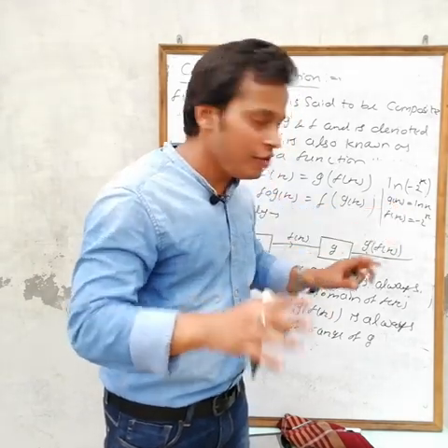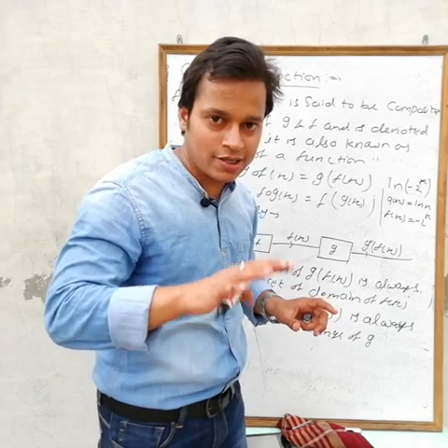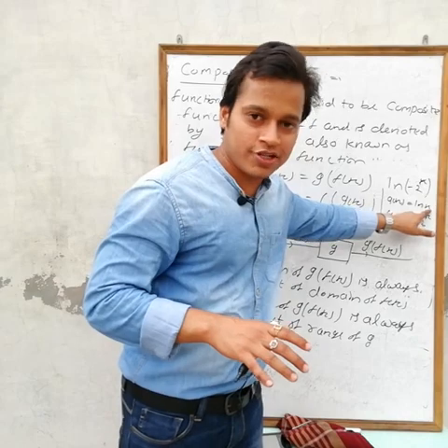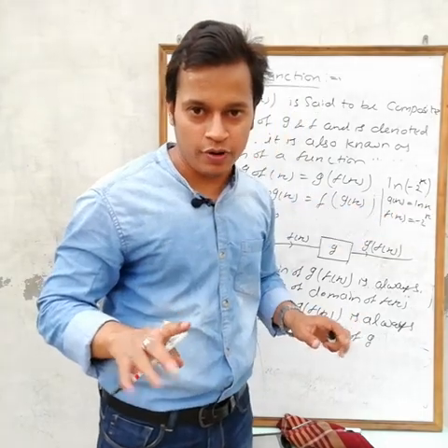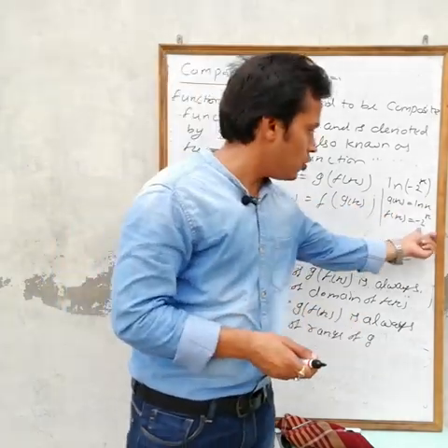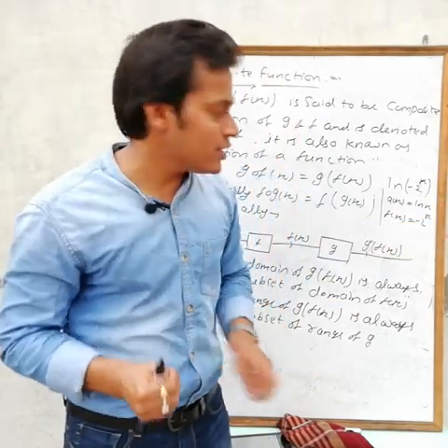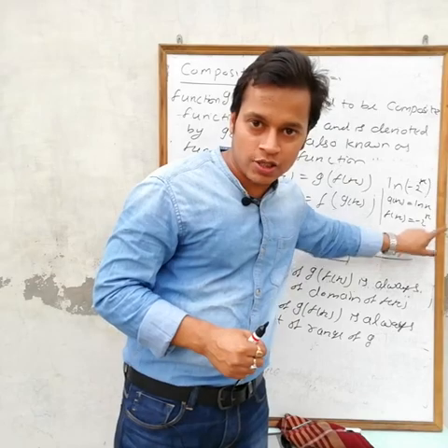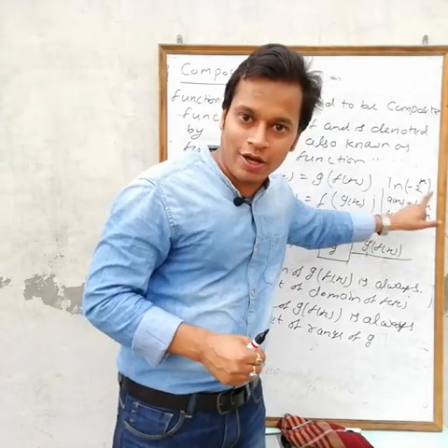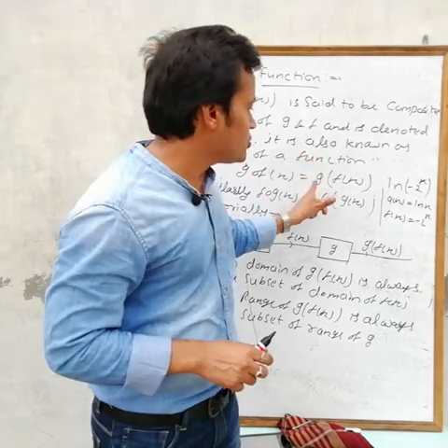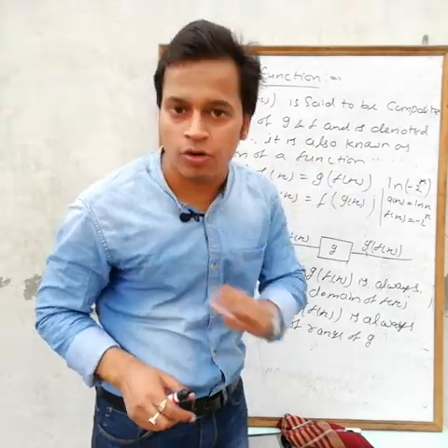If you take the intersection, in this case the intersection of the range of f(x) and the domain of g(x) is equal to phi. There is no common point. So if the intersection of the range of f(x) and the domain of g(x) is equal to phi, then the composite function g of f(x) is not defined.